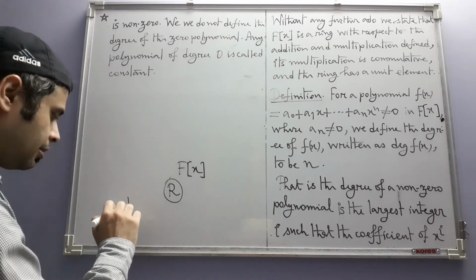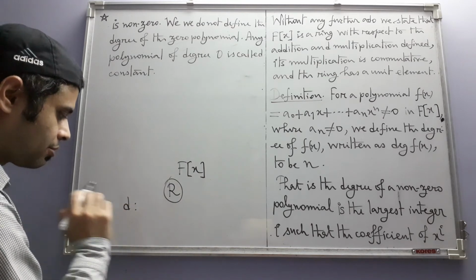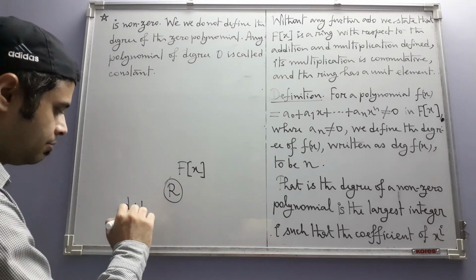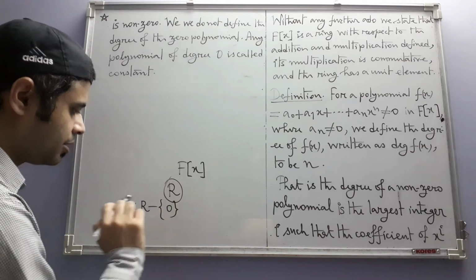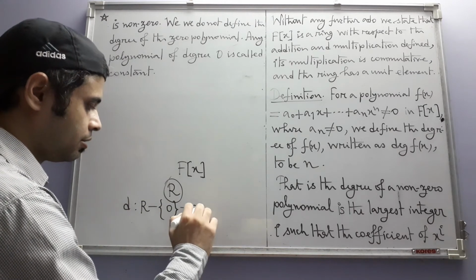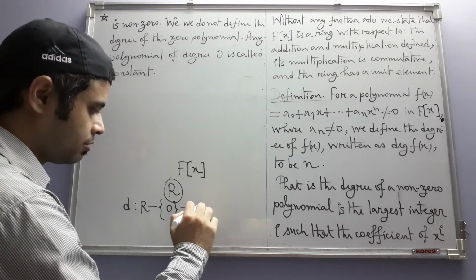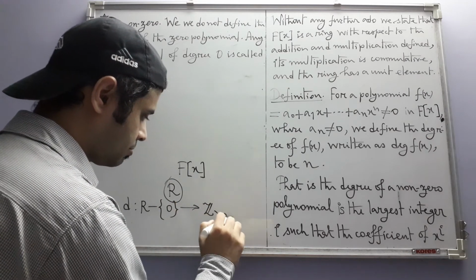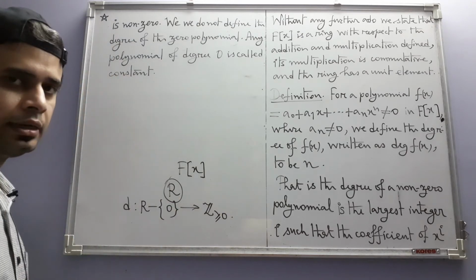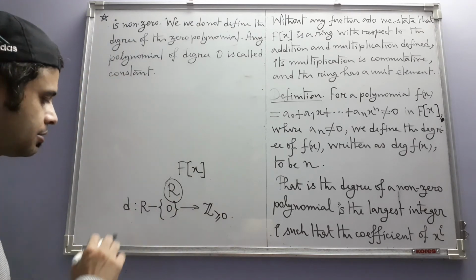Then there should be a function we have called the d function, which should map every non-zero element of the integral domain onto the set of non-negative integers, such that it has properties.